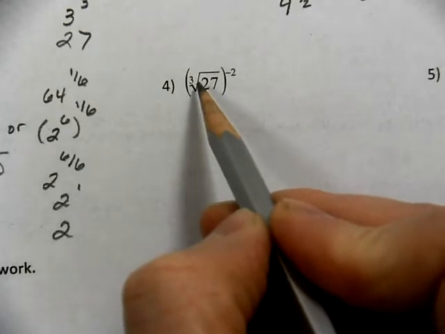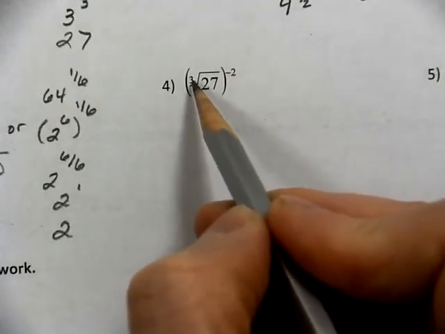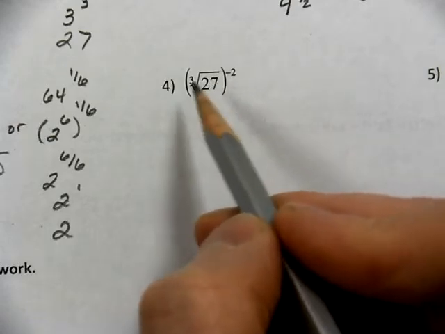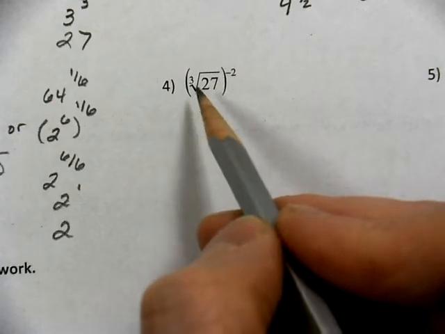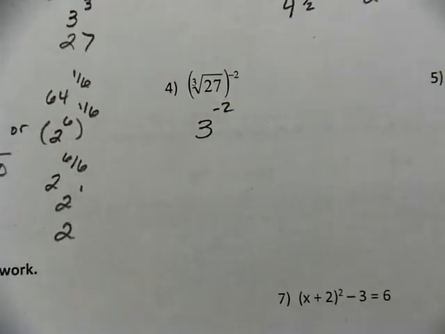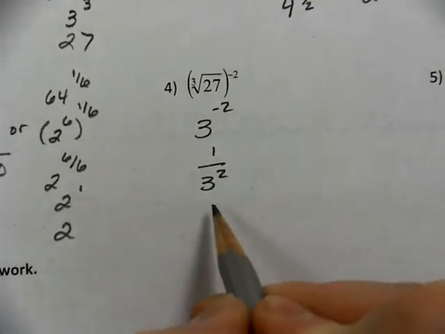Here, you could do what's inside the parentheses first. So you're doing the cubed root of 27. Well, 3 times 3 times 3 makes 27, so the cubed root of 27 is 3. The negative is going to put it into the denominator.